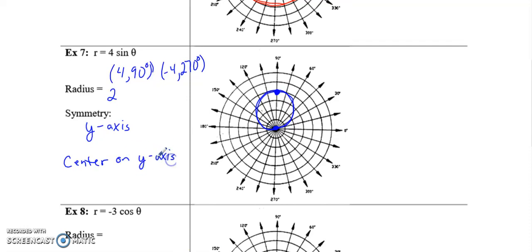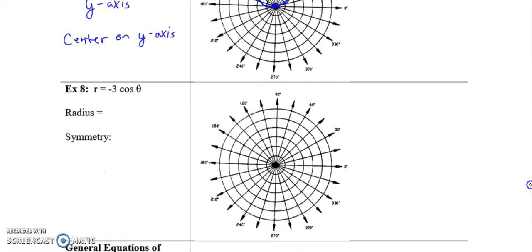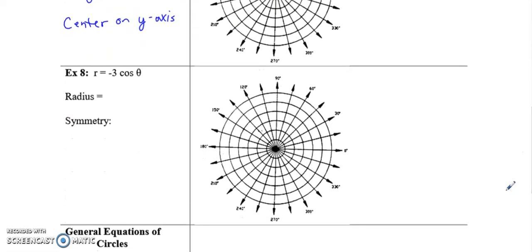So if we think about what we've just been working on with limaçons, how about this one? Where do you think that's going to go? What kind of symmetry? Yep. So if we do what we just did before, let's plug in 0.